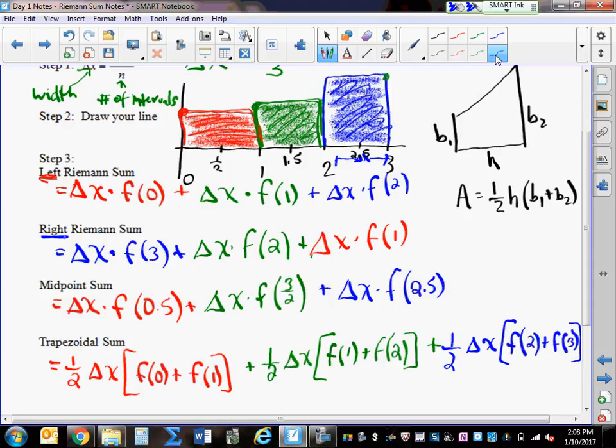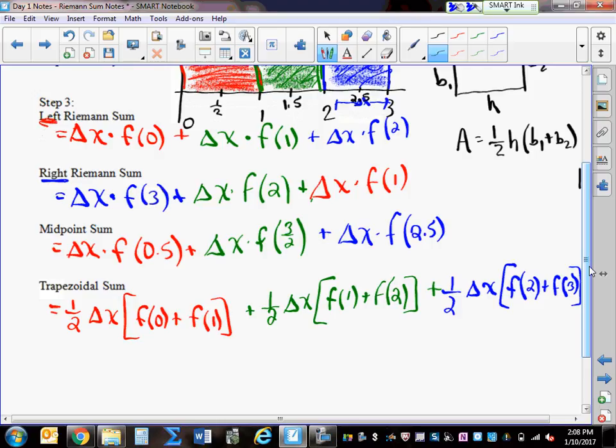Alright, now notice that for each of these, they each had delta x in common. So we could have rewritten this as delta x times the quantity f of 0 plus f of 1 plus f of 2. And we could have done the same thing to my right Riemann sum, and we could have done the same thing to my midpoint sum.